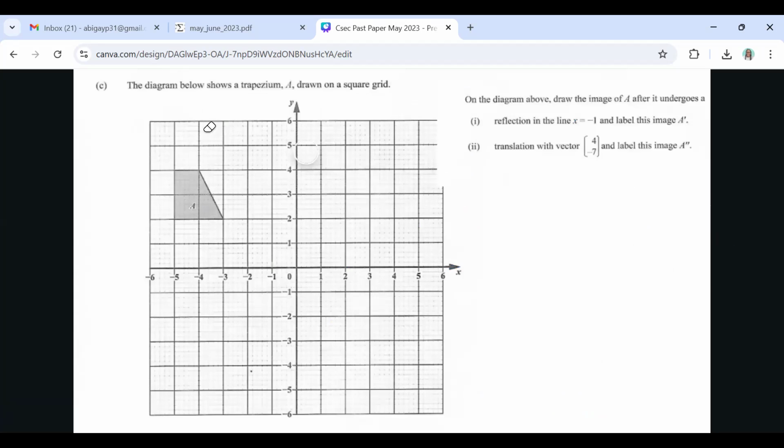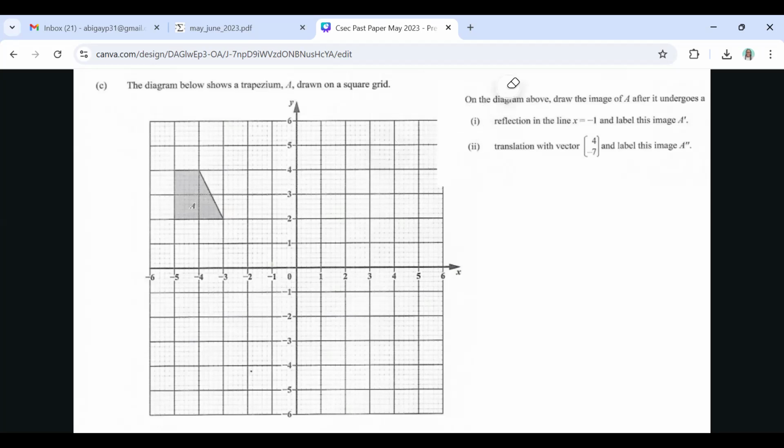So the diagram below shows a trapezium A drawn on a square grid. All right, so this is what we learned this morning.